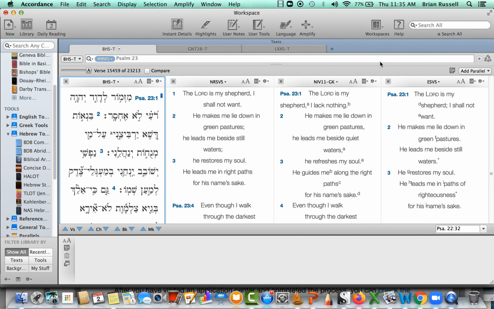So there's an actual difference there, not just the difference between lacking or wanting, but notice the tense. NRSV, ESV has this in the future. The NIV has this in the present. That's a difference in meaning, and that's the kind of thing that you want to notice because those are saying 2 different things, right? The language sounds the same, but it's different in terms of interpretation.